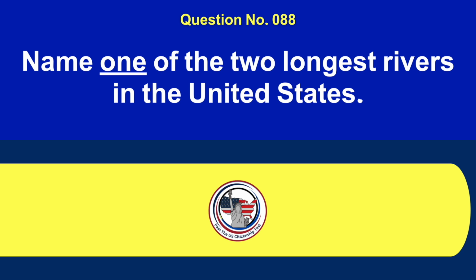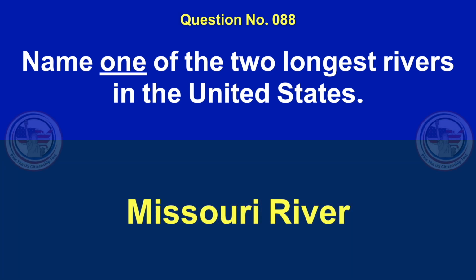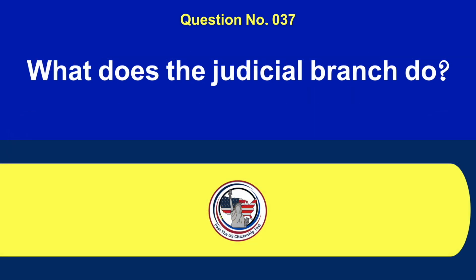Name one of the two longest rivers in the United States. Missouri River. What does the judicial branch do?